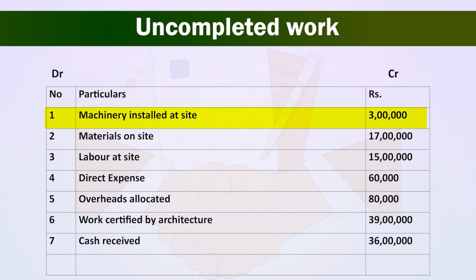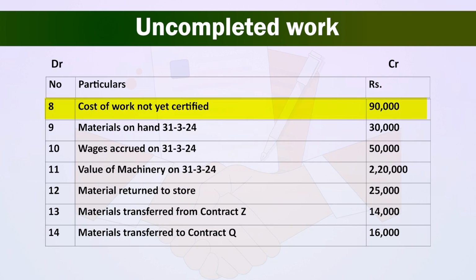Information given is: machinery installed at site rupees 3 lakh, materials on site rupees 17 lakh, labor at site rupees 15 lakh, direct expenses rupees 60,000, overhead allocated rupees 80,000, work certified by architect rupees 39 lakh, cash received rupees 36 lakh, cost of work not yet certified rupees 90,000, materials on hand on 31st March 2024 rupees 30,000, wages accrued on 31st March 2024 rupees 50,000, value of machinery on 31st March 2024 rupees 2,20,000, material returned to store rupees 25,000, material transferred from contract Z rupees 14,000, material transferred to contract Q rupees 16,000.